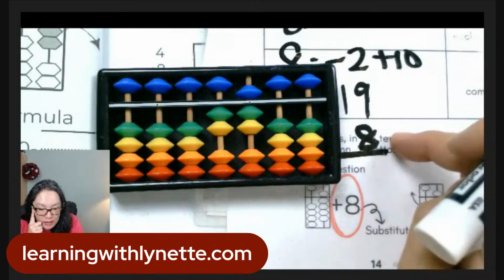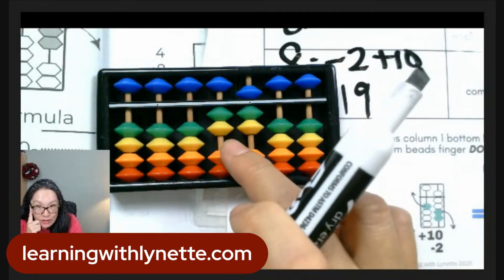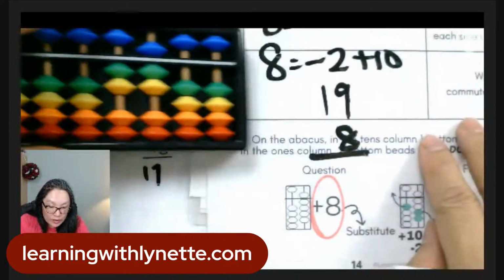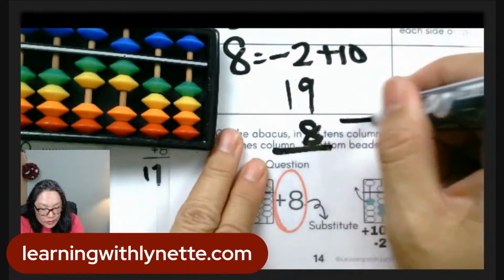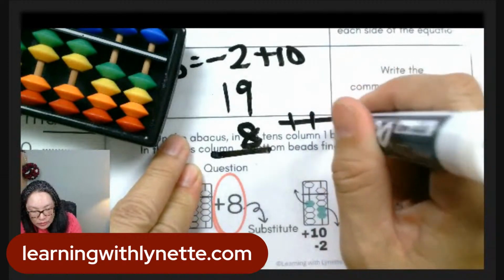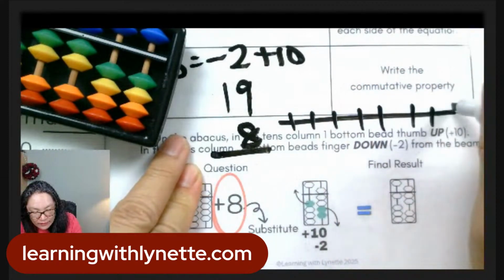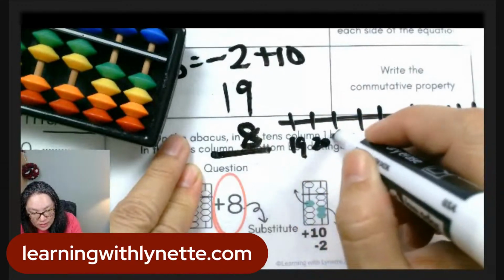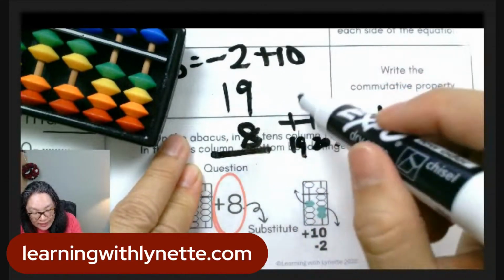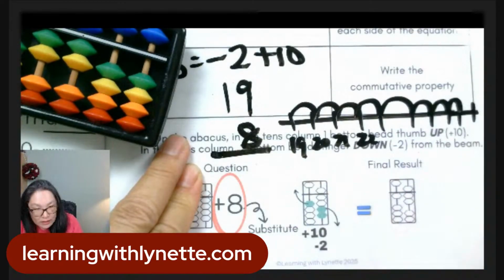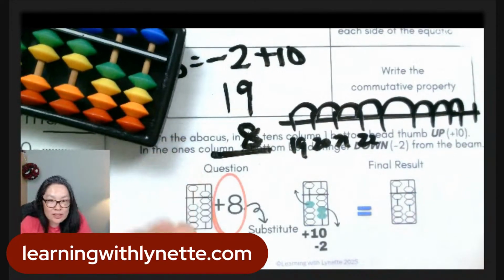So the difference between this and this is that we have to think abstractly. What do we do here? Well, in school, they do a number line, right? 19, 20, 21, 22, 23, 24, 25, 26, 27, 28. So we have 19, 20, 21, 22, and then they have to count 1, 2, 3, 4, 5, 6, 7, 8. That doesn't make sense to me. Why?